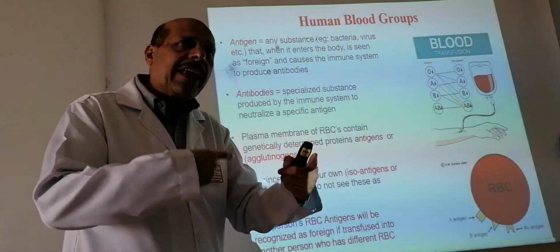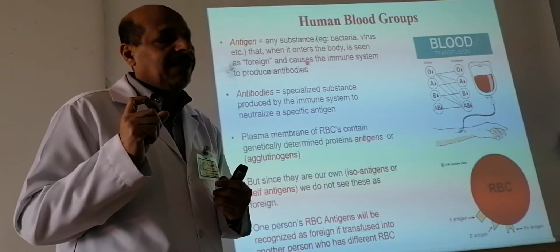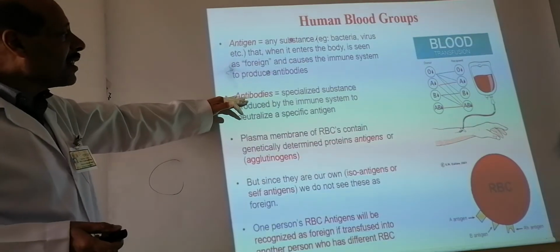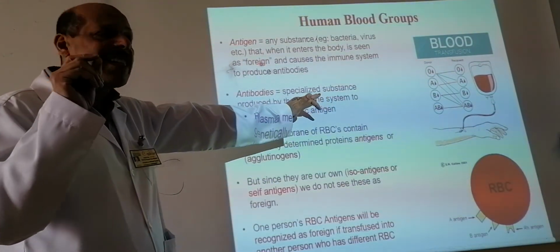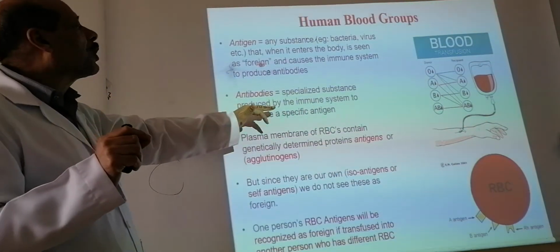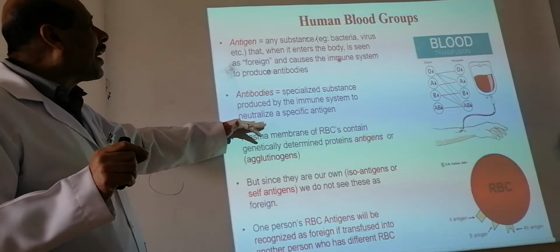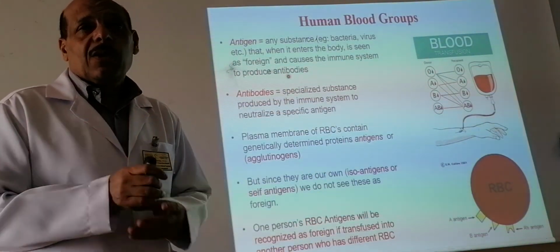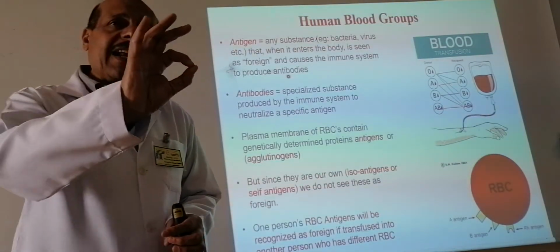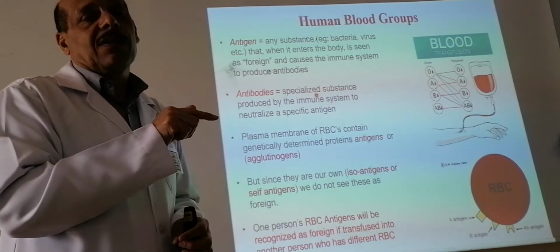The body will react against it and form antibodies. An antibody is a specialized substance produced by the immune system to neutralize a specific antigen.